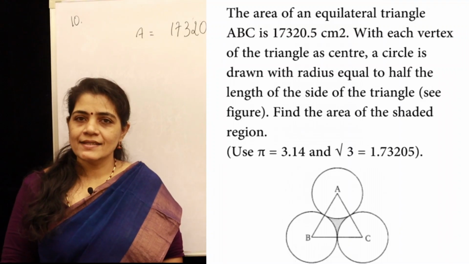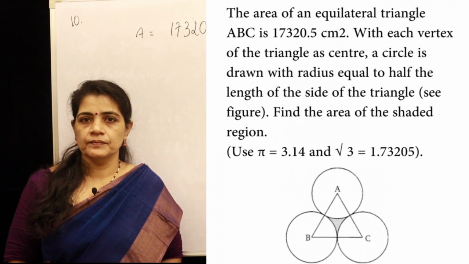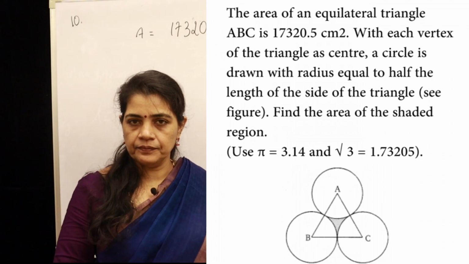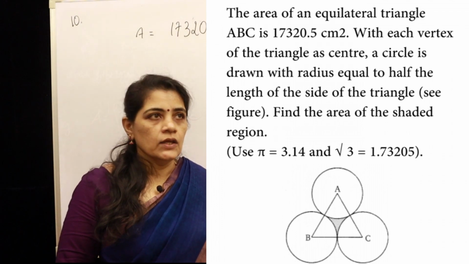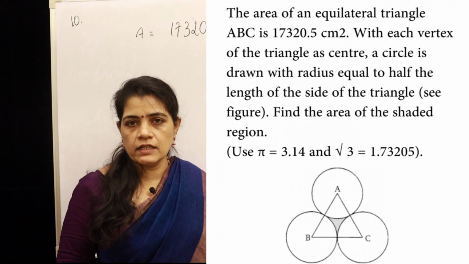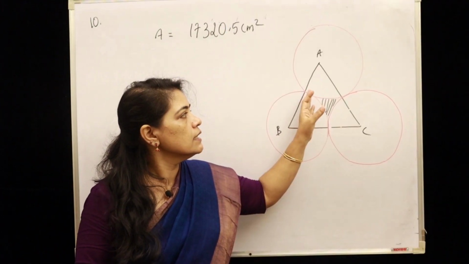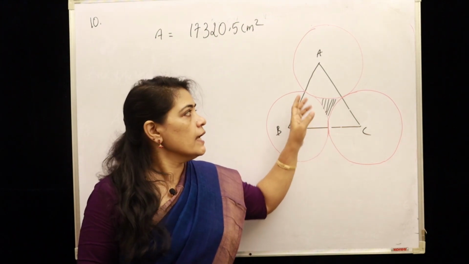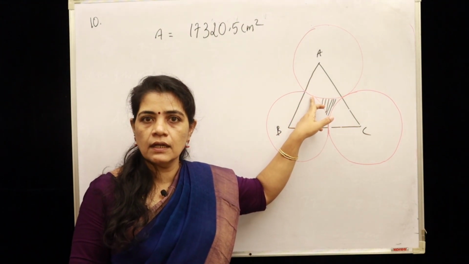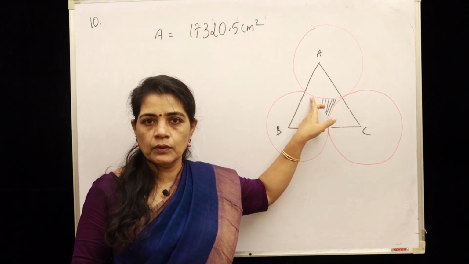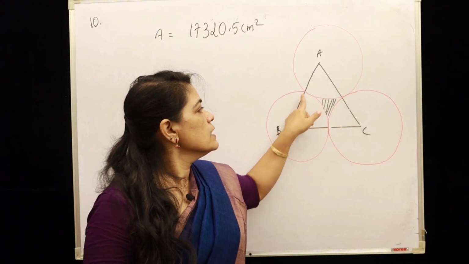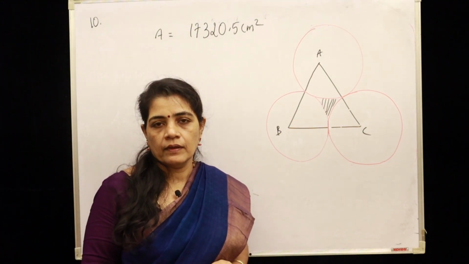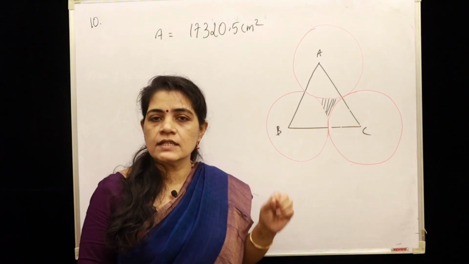Yes, children, in the 10th problem we are given an equilateral triangle ABC, and with each vertex of the equilateral triangle ABC a circle is drawn in such a way that the radius of the circle is equal to half of the side of the equilateral triangle.